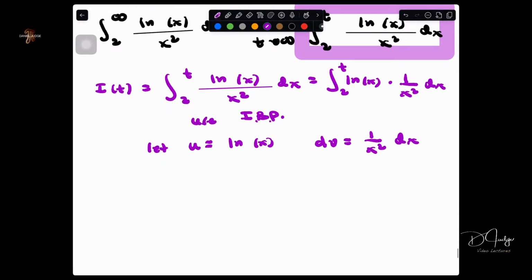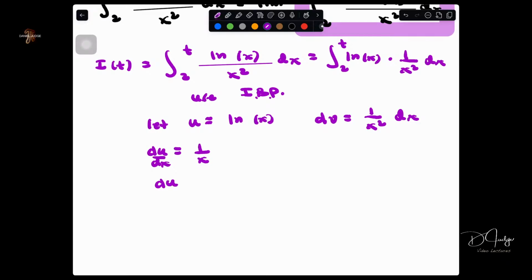All right, let's see if this helps us out. du/dx is 1 over x, which means du is 1 over x dx.